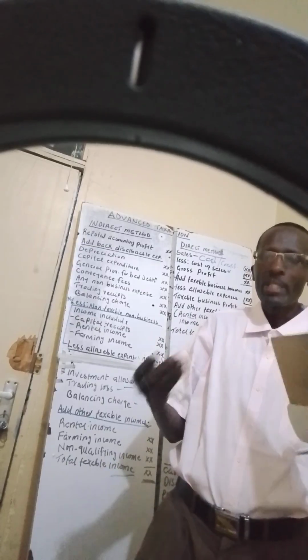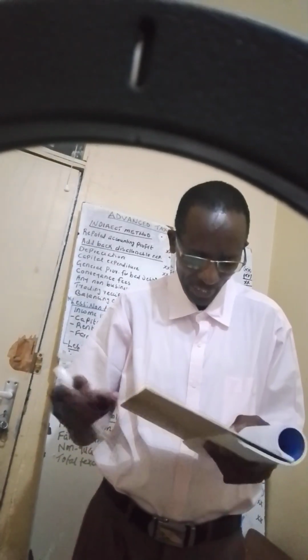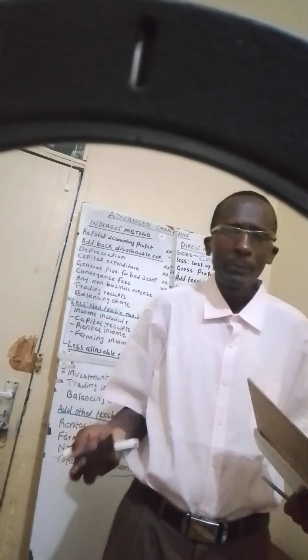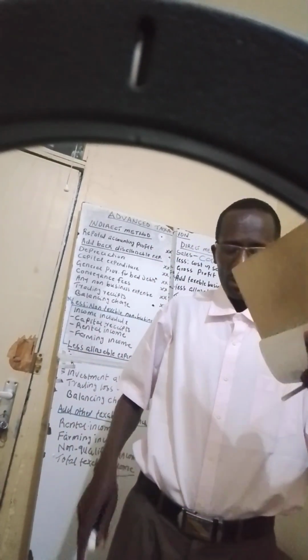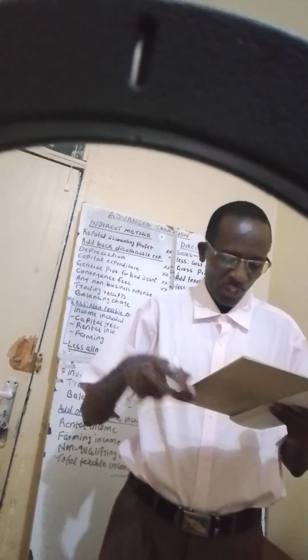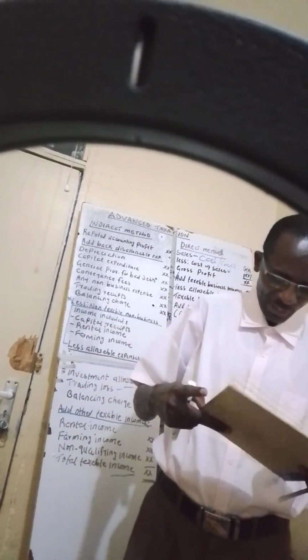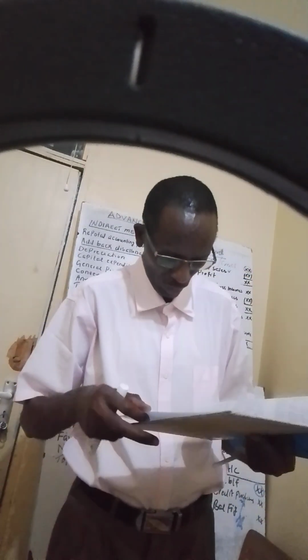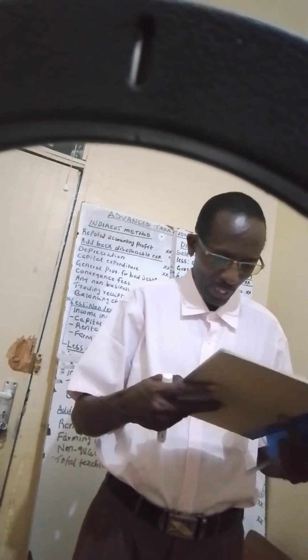Number 2, incomes which are taxable and incomes which are non-taxable. Then how to prepare the partnership distribution schedule. Very important. That is something that I wanted to introduce to you today.